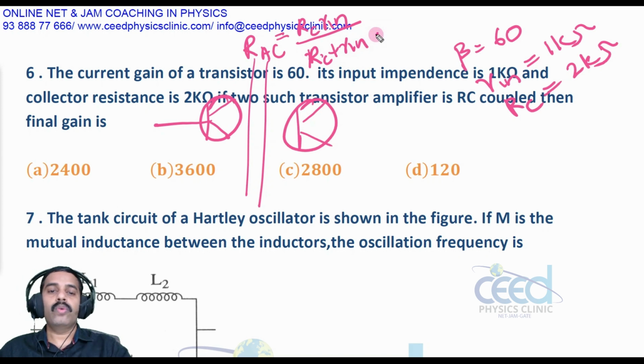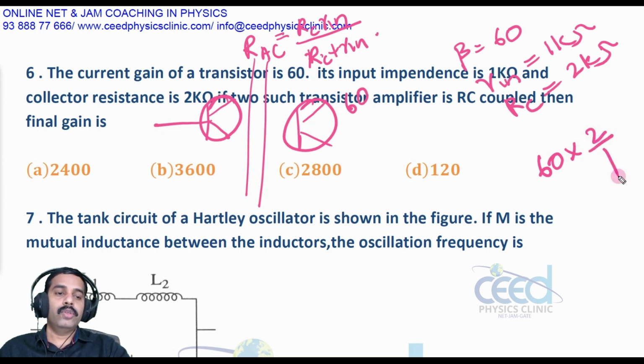So we have to solve this gain. For the second stage we will get the gain 60 into 2 by 1, that is our gain.